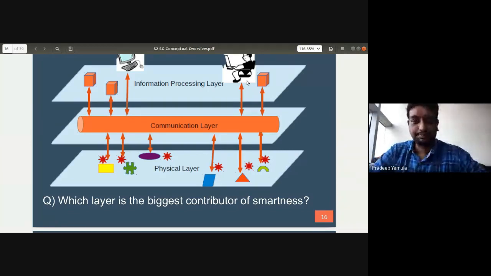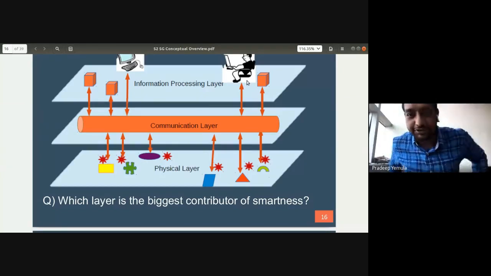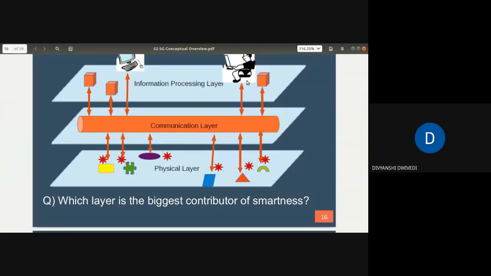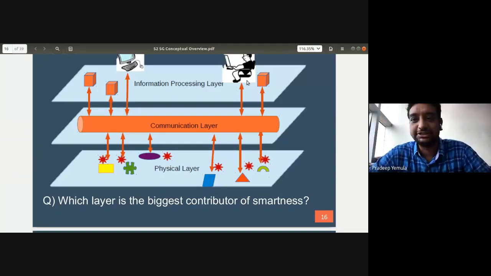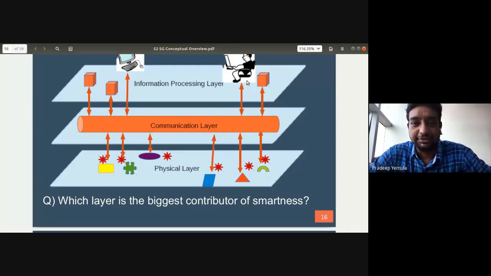Those who are not speaking, so the question is, which layer is the biggest contributor of smartness? Already somebody answered. Physical layer is the contributor of smartness. Okay. Anybody wants to give a different answer? Information processing layer. Okay, so Sharath is saying information processing layer.